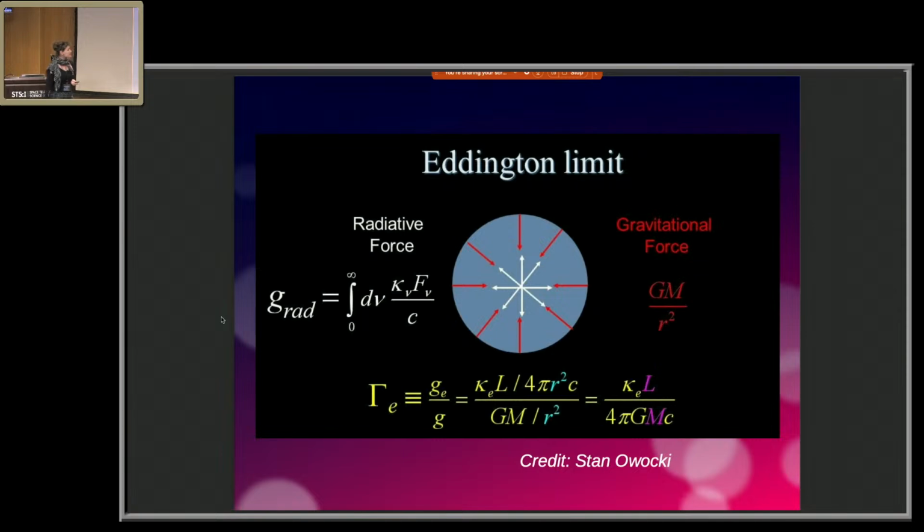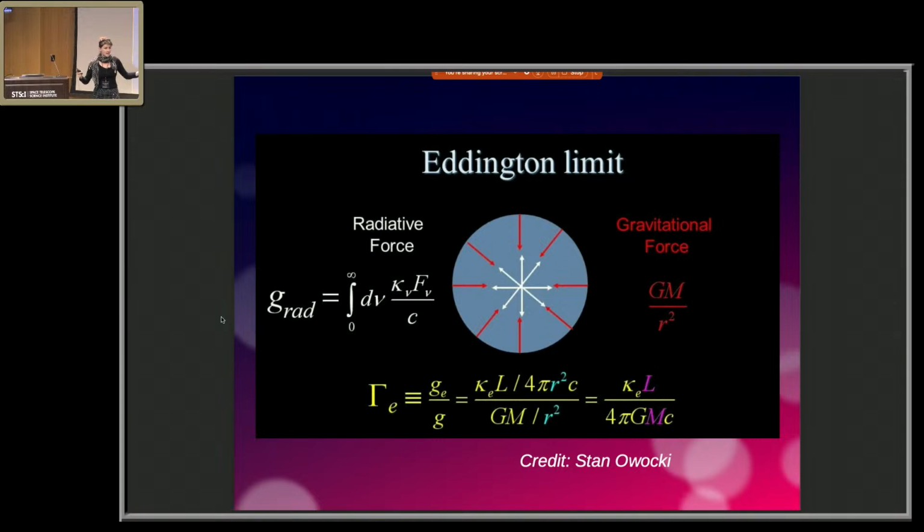Basically, the Eddington limit is what we just discussed before: the equilibrium between the internal pressure and the self-gravity being compromised. And that can happen because the star can be way too luminous.